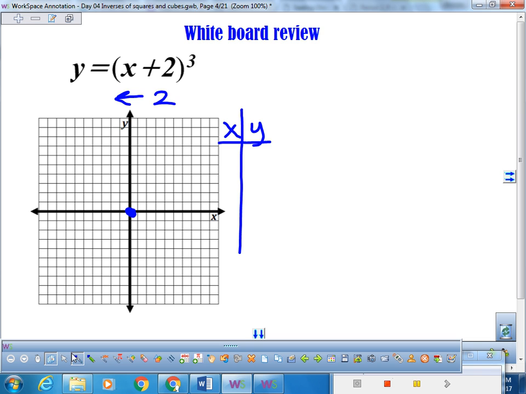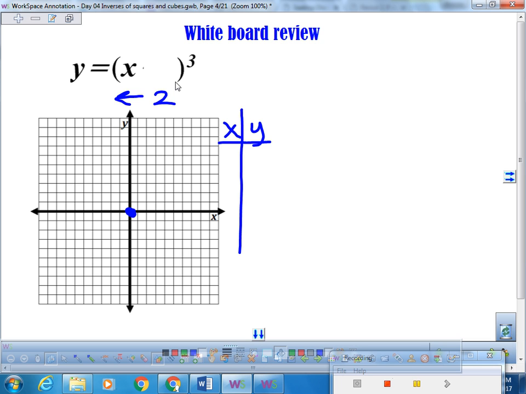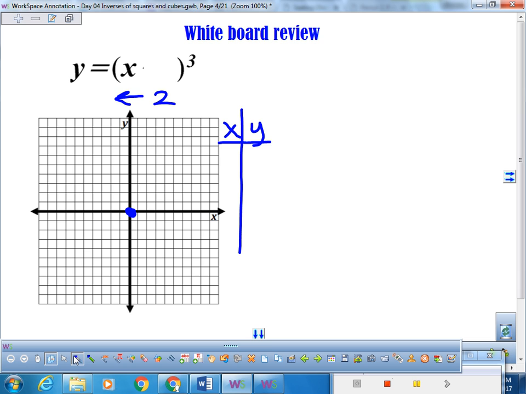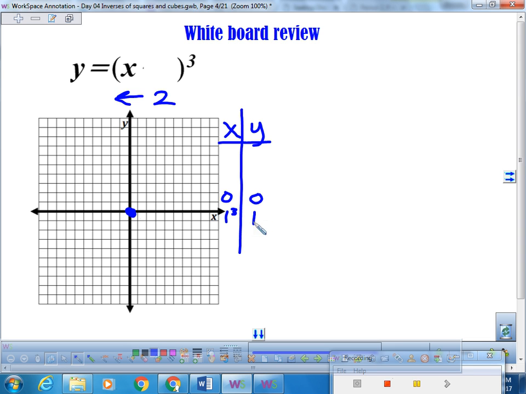So I'm ignoring this right here, right now. I'm just talking x cubed. Right? Everybody with me? I'm at the origin. I don't have any type of shift. So if I put in 0, I get 0, right? That's where I'm at right now. If I put in 1 and I cube it, I get 1. So I go over 1, up 1.